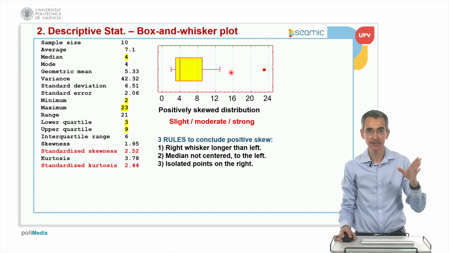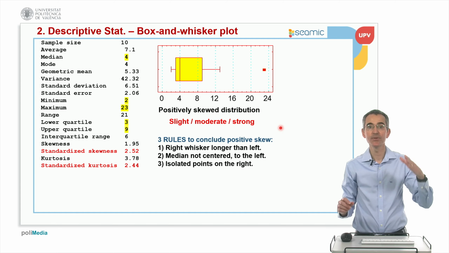Also, the box and whisker plot has a rule implemented to visualize the extreme values. This rule will be explained in the next slides, but in this case the maximum is not the end of the right whisker, because there is a rule to visualize that this value is much separated from the next value, which is positioned here.